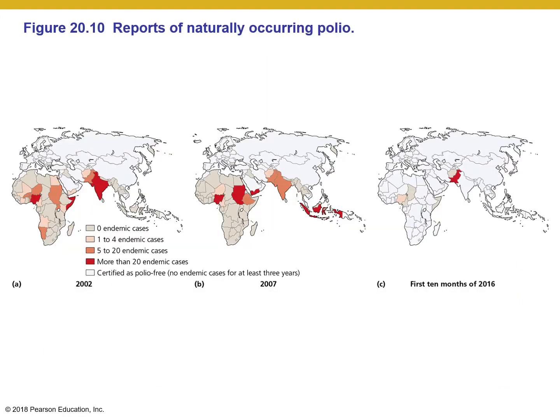Here we look at where we see the largest number of cases. And you notice in 2002, India had massive polio infections. And the Indian government decided, we're going to vaccinate everybody in our country.